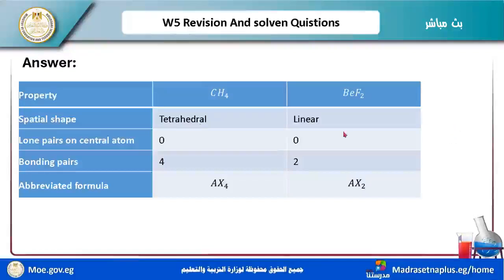BeF2 is linear. There is no lone pair on the central atom in either. For bonding pairs, I have 4 bond pairs and 2 bond pairs. This is AX4 and this is AX2.